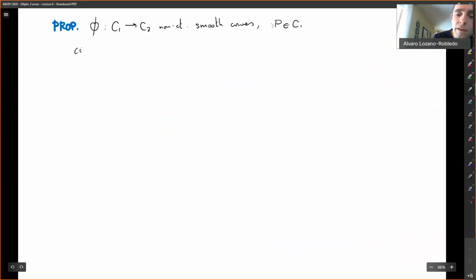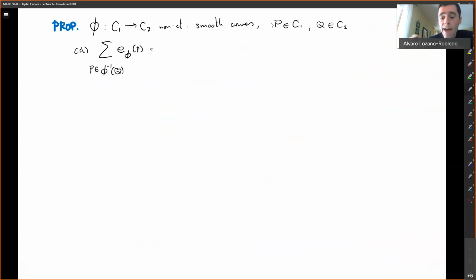Then, first, the sum of ramification indices at P over points of a point Q. So let's pick a point Q in C2. If you add up all the ramification indices, what do you get? You get the degree of the map.